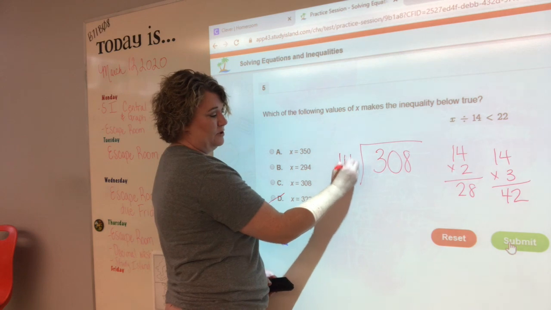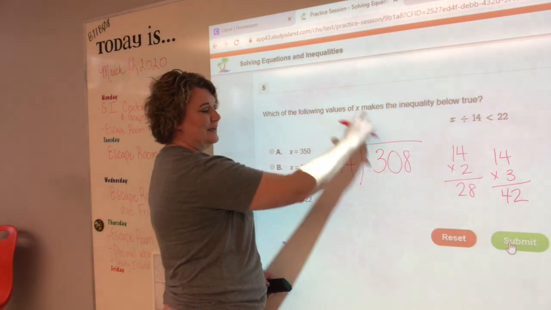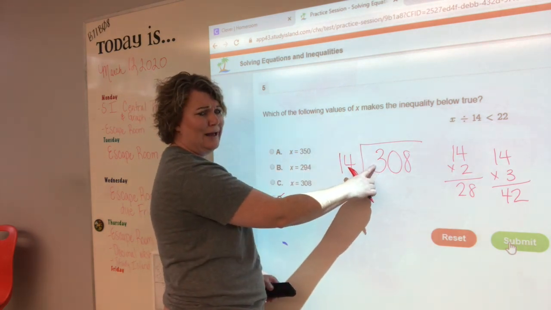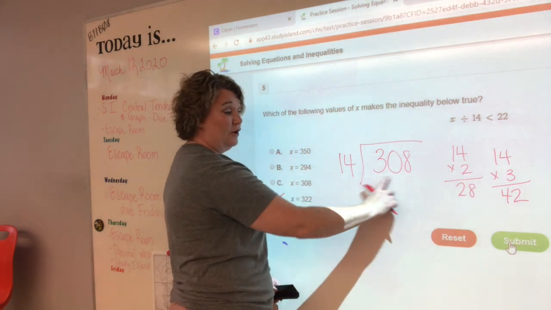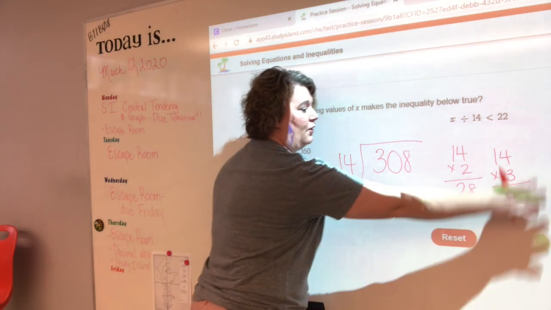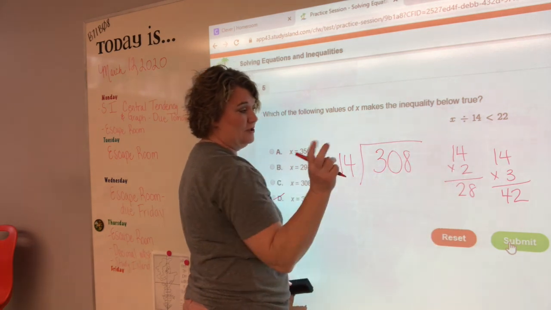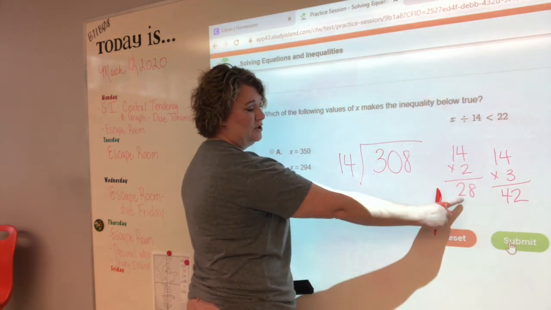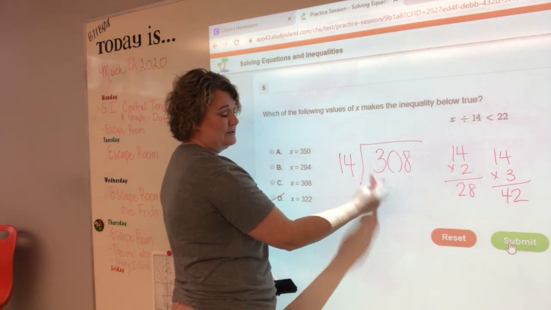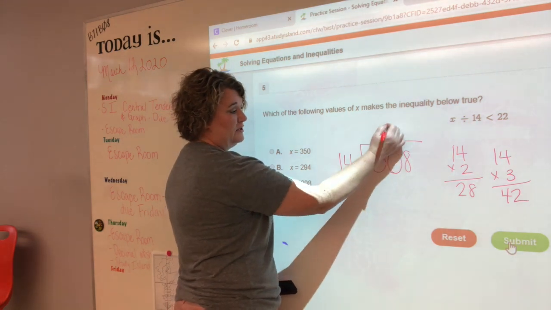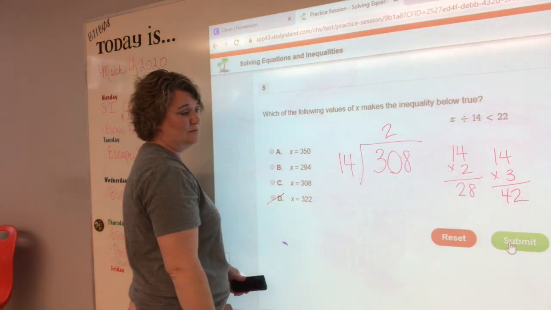308 divided by 14. So can 14 dive off a diving board into 3? Absolutely not. But could it dive into 30? It could. Now I'm going to look at my cheat sheet, and I see 14 times 2 is 28, and that's as close as I'm going to get to 30. So I'm going to put the 2 right there over the 0. That's important.